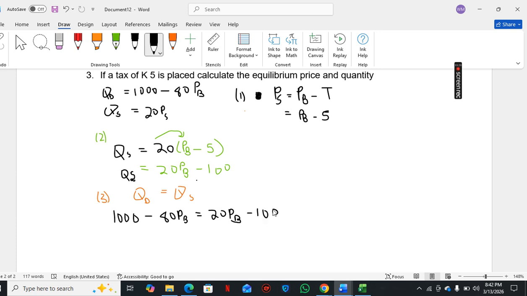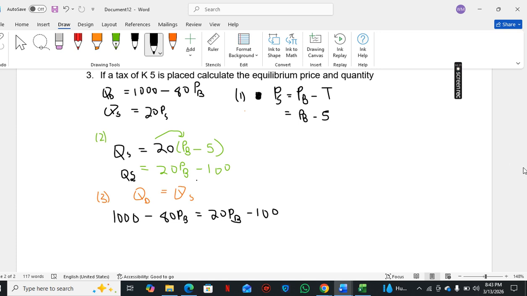So colleagues, let's solve for PB. What is our value of PB? PB will be 11.